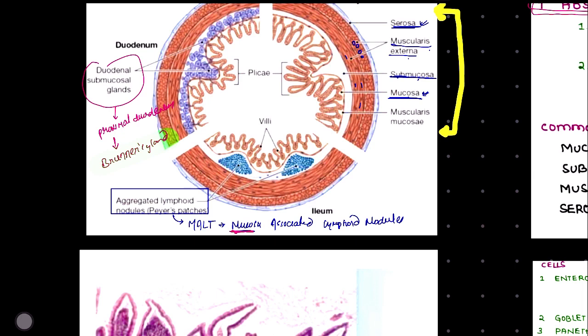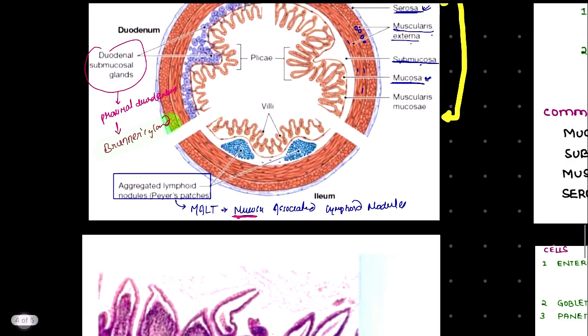Now, in this diagram we need to know the exact place where these Peyer's patches are found. They are found toward the terminal ileum.